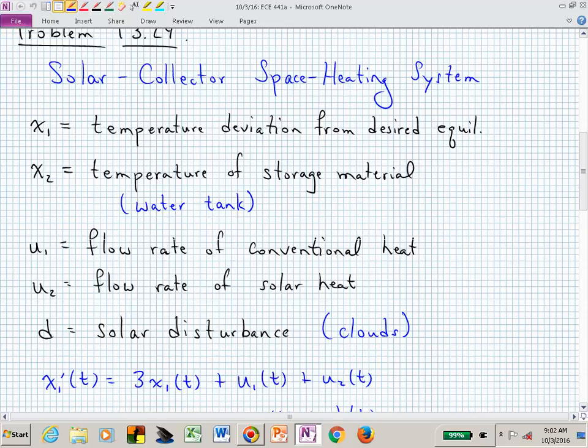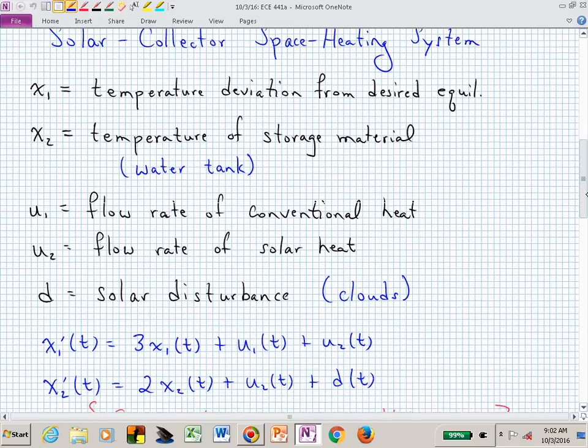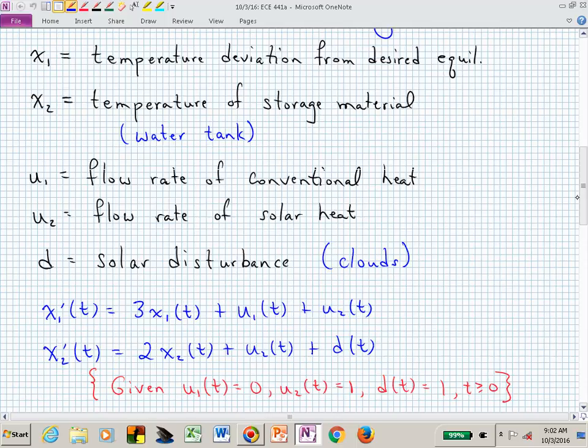Maybe you're storing this solar heat in a water tank. u sub 1 might be the conventional heat flow rate, which in this problem is set to 0. u sub 2 is the flow rate of the solar heat, and d is a solar disturbance, and you could think of that as clouds, something that changes the normal input to the system.